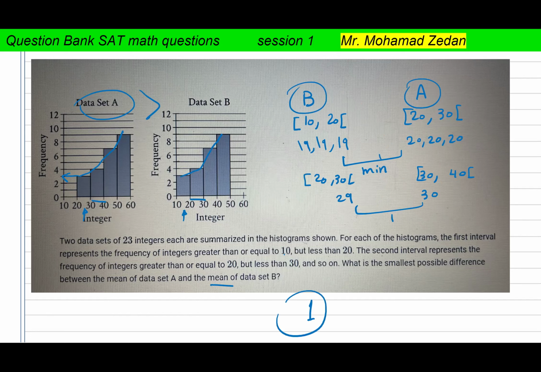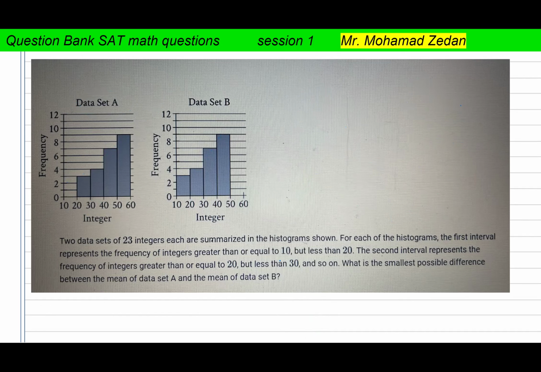If the same question asks you about the maximum difference between the data sets, you will write it the same way and take the biggest difference. You take 10 and 20 for data set B, and data set A is bigger, 20 and 30, open. To maximize the difference between them, consider each of the three elements in the first set to be all 10.